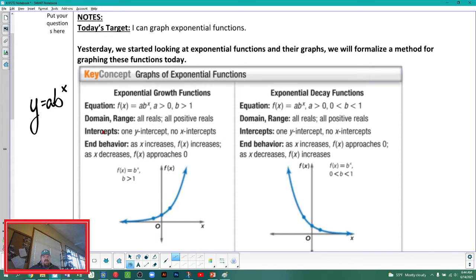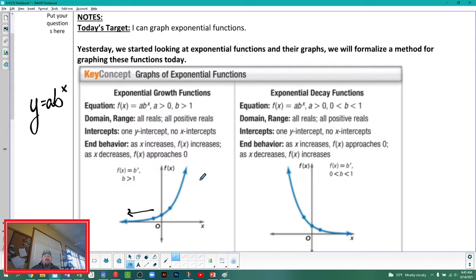The intercepts, it has one y-intercept and 0 x-intercepts because it doesn't ever cross the x-axis when it's just in this form. And as far as end behavior goes, as x increases, the value of the function increases. And as x gets smaller and smaller, going this way, the graph gets closer and closer to 0.